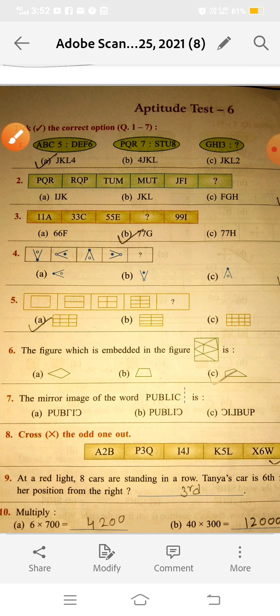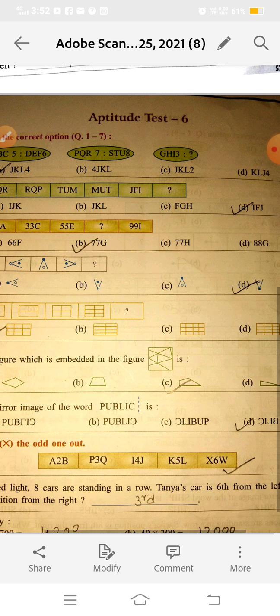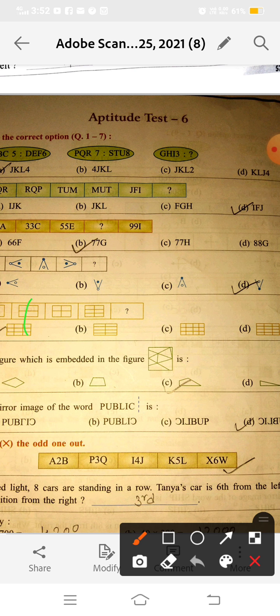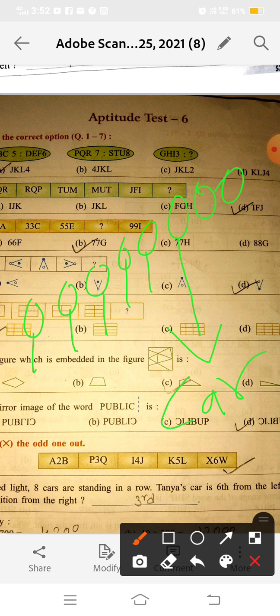What is her position from the right? So 8 cars are standing in a row: 1, 2, 3, 4, 5, 6, 7, 8. Tanya's car is sixth from the left: 1, 2, 3, 4, 5, 6. This is Tanya's car. Now what is the position from the right? 1, 2, 3. The third position.